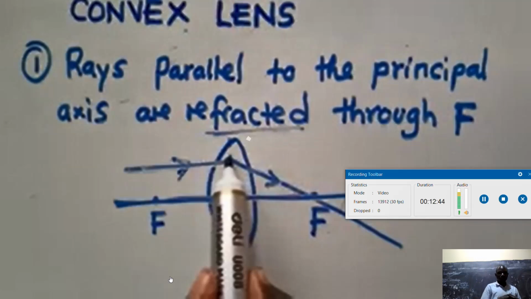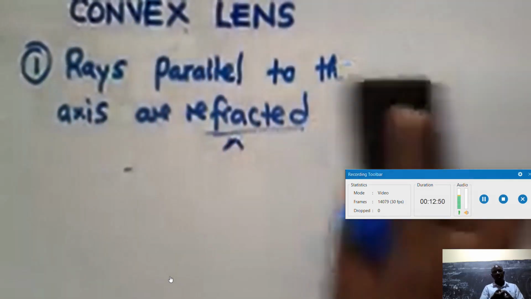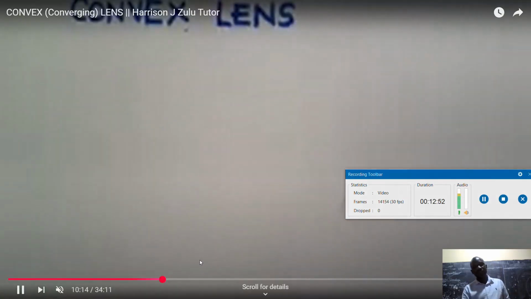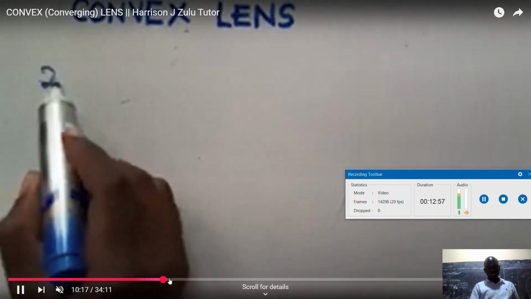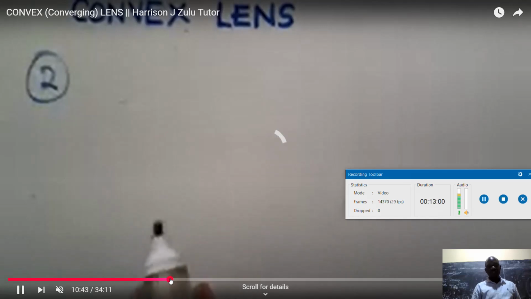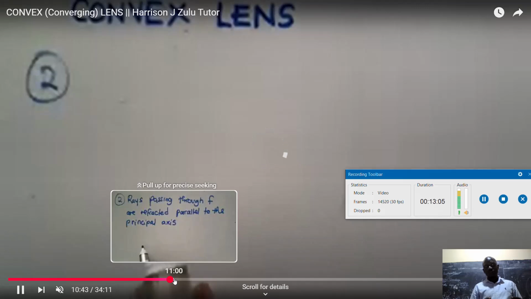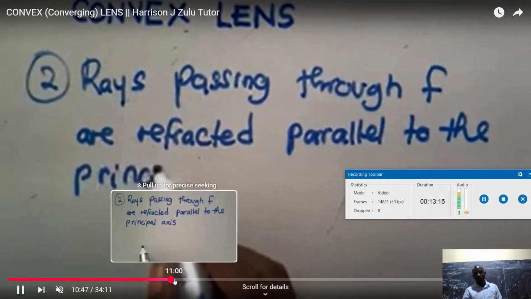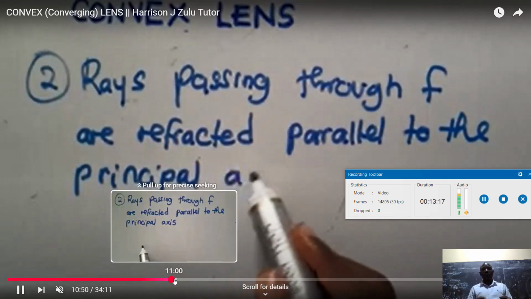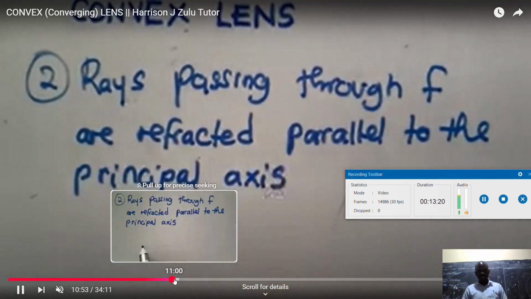The ray that is from the object and is passing through F, after meeting the lens, will be refracted parallel to the principal axis. Then, if you look at my illustration, you will realize that it is the same way as what I have said. Rays passing through F are refracted parallel to the principal axis.